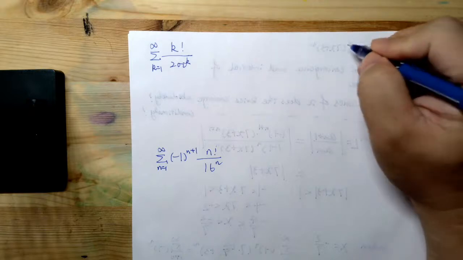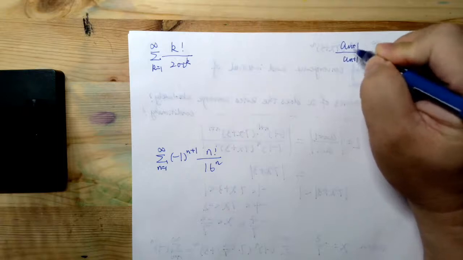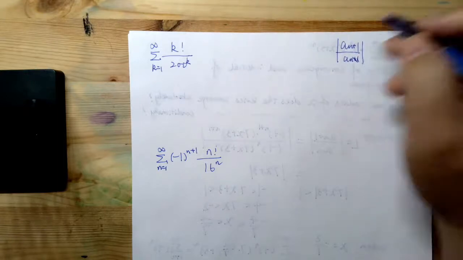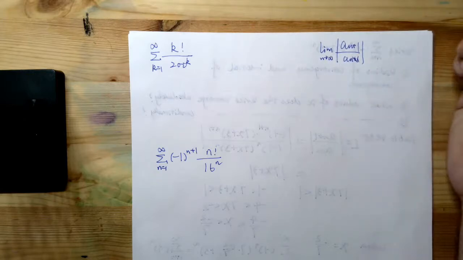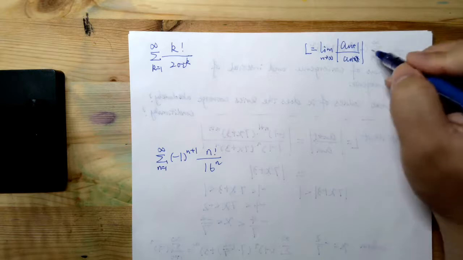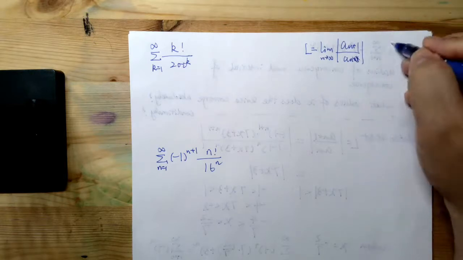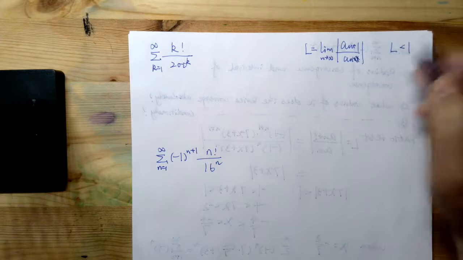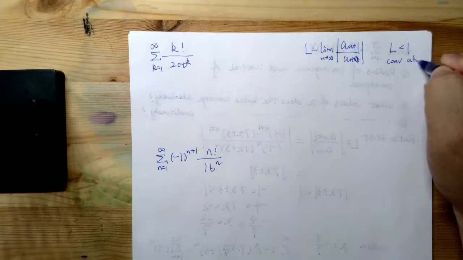Actually, it is said that if this limit, which we denote as capital L, exists, then if capital L is less than 1, the series converges absolutely.